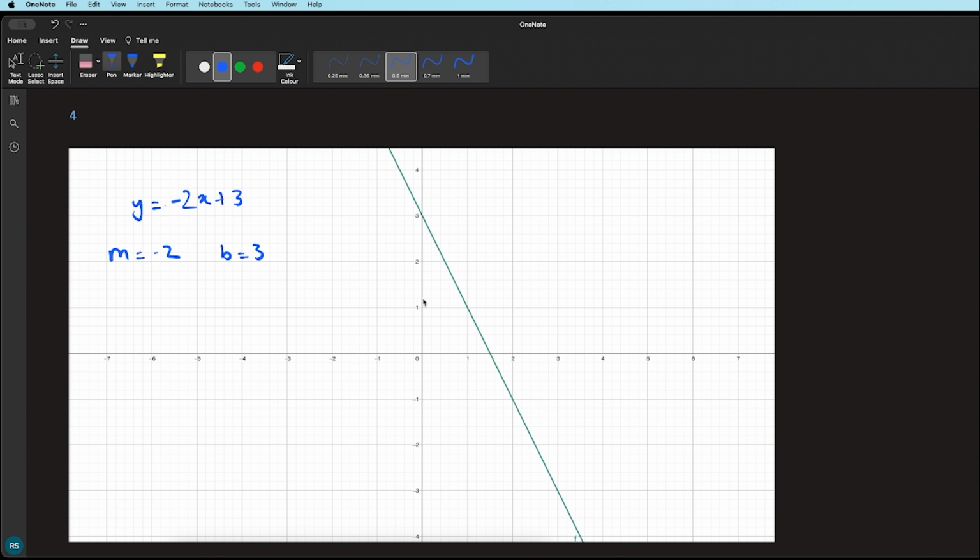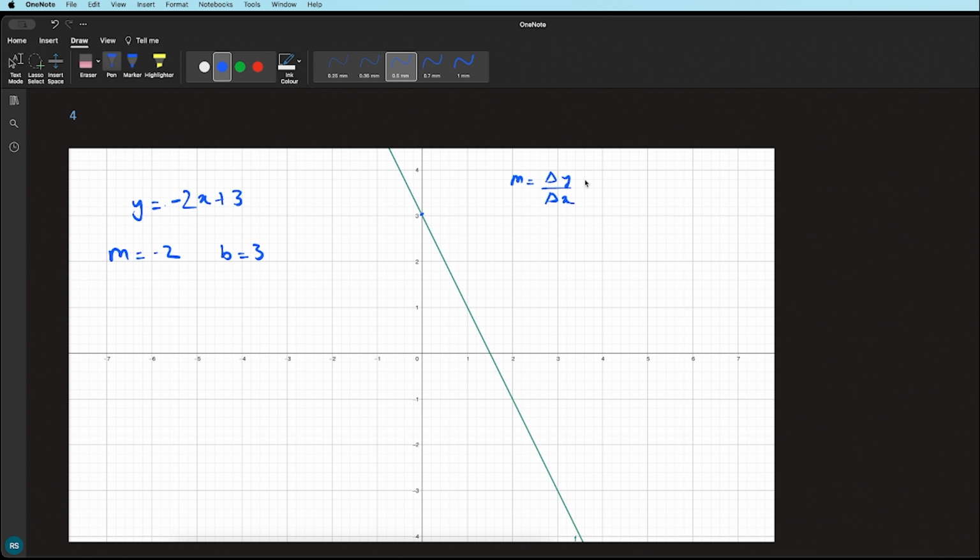So b equal to 3 you can easily define, that the line is cutting the y-axis at point 3. But how can I explore that m equal to minus 2, the slope is minus 2? So we know that m equal to delta y by delta x.